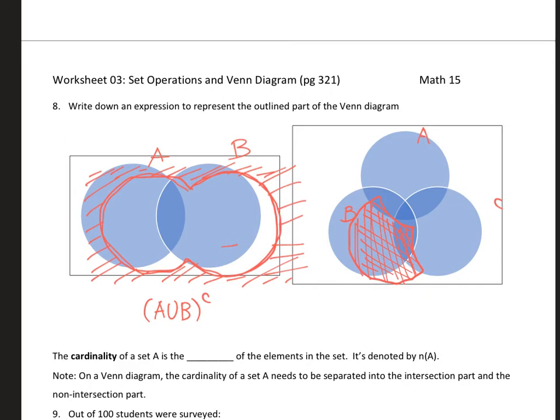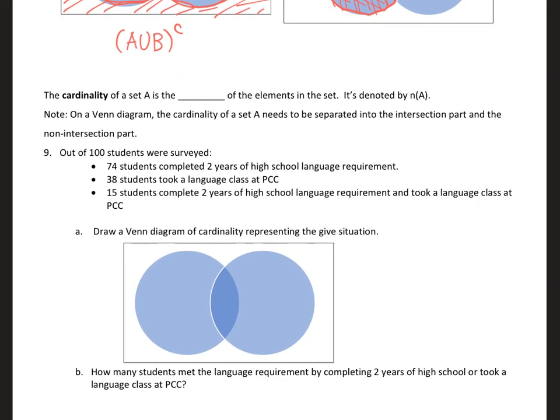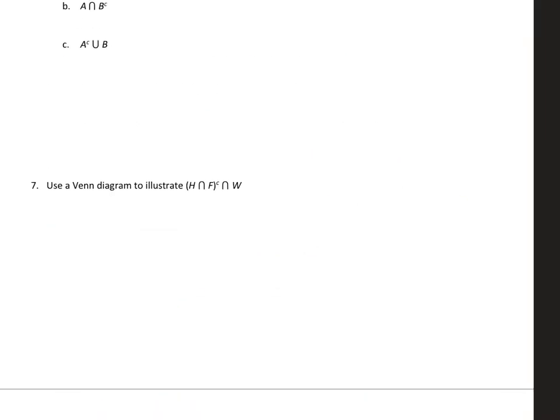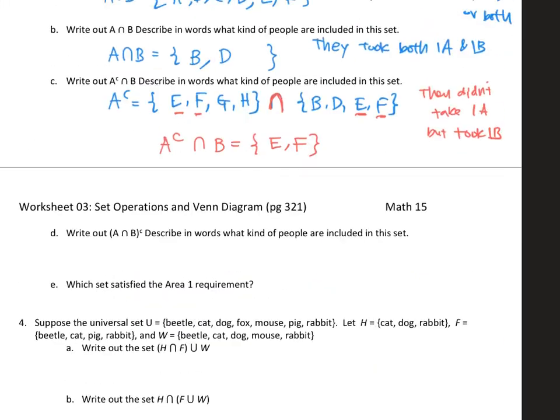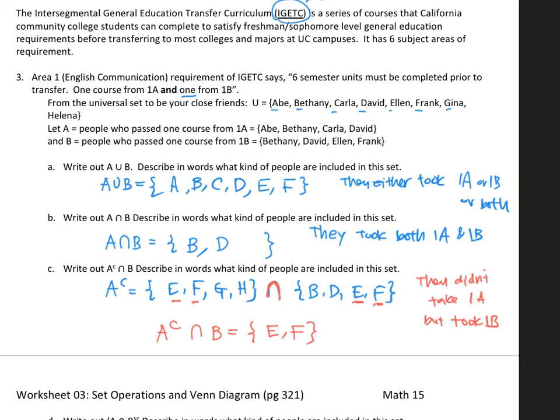All right, so let's look at the next part. The cardinality of a set is just a fancy name for the number of elements in the set. It just means how many things are in there. So let's go back to the previous example, with Bethany and Abe and number 3 with the requirements.